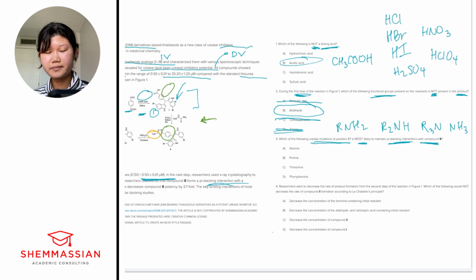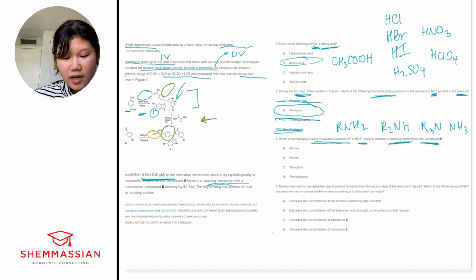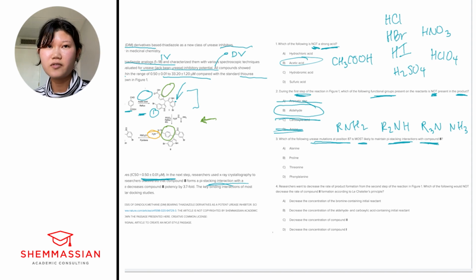And so it's most likely. And so usually passage-based questions are confined to one paragraph or figure in the passage. And so we know that in paragraph 3, they talked about compound A and position 87.